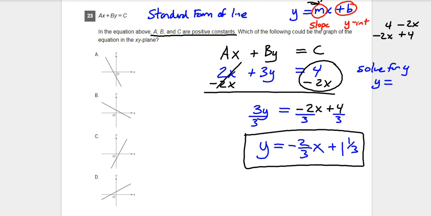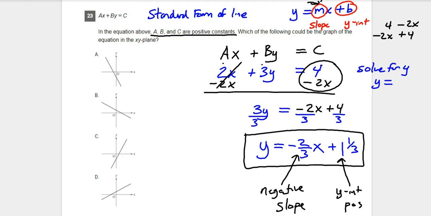Well, some things I noticed. I noticed that if all three of these numbers were positive, look what happened to my slope. I have a negative slope. And my y-intercept is positive. So I'm going to look through these graphs over here and see who has a negative slope and see who has a positive y-intercept.